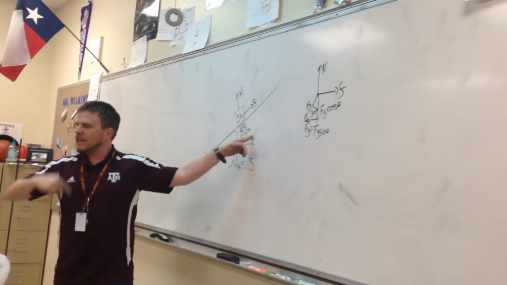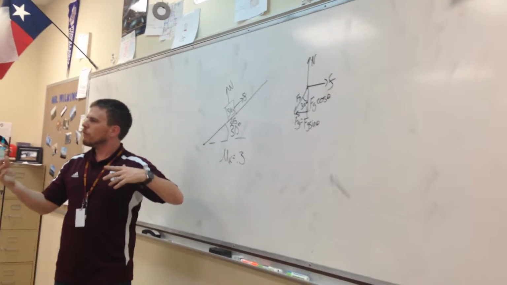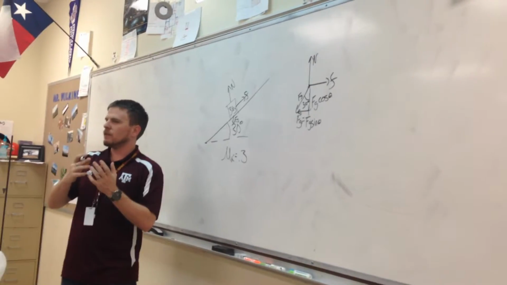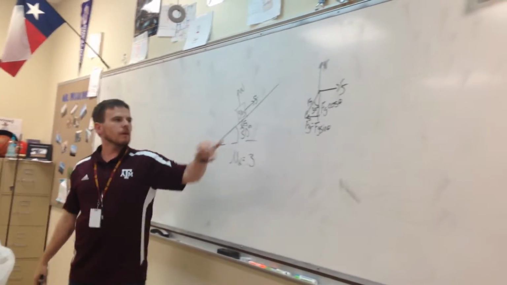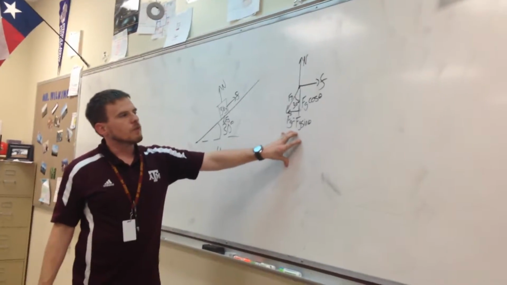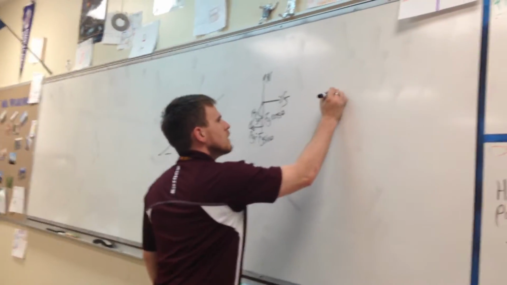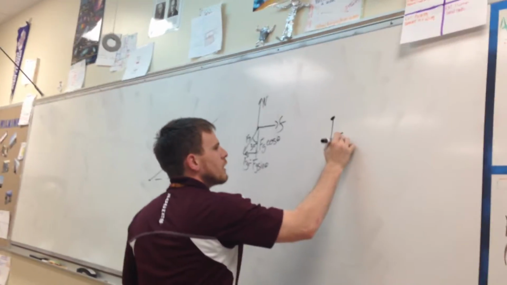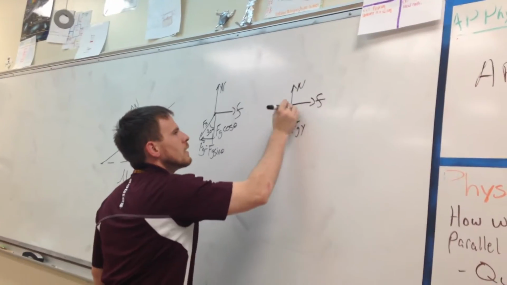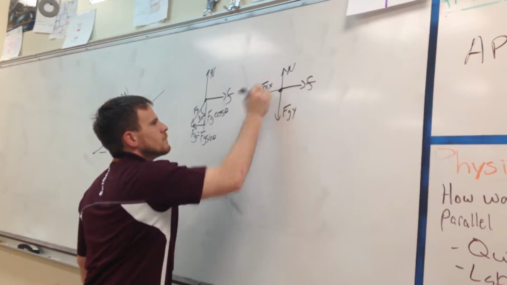So when you're doing this, it's the opposite of the normal way we do it. Because normally Fx is F cosine theta, but whenever it's like this, it's the opposite. Okay, so now I'm going to redraw it again. We have force of gravity in the y, normal force, friction, force of gravity in the x.